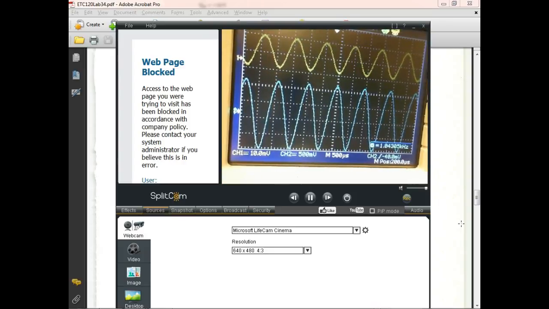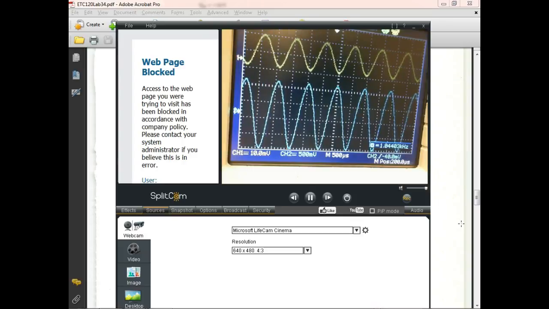What we got? What's the gain? So out divided by in. 20 millivolts in, 2.2 volts out. What's the gain?